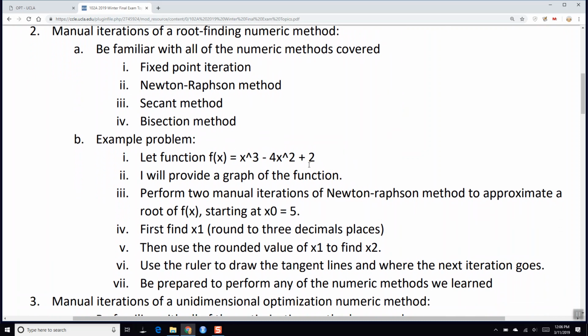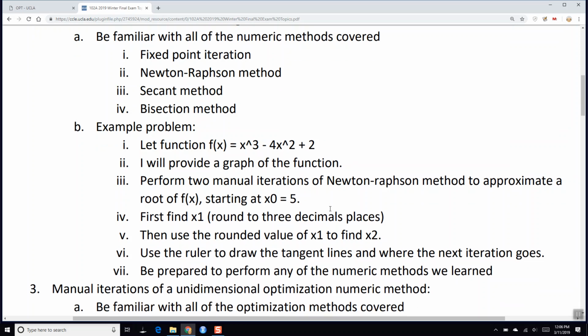I actually didn't even bother graphing this, but this will have a root, and so I'll provide some kind of function. I'll provide a graph of the function, and I'm going to say find a root of this function. If it's something like Newton-Raphson, I'll give you a starting point. If it's secant method, I'll give you 2 starting points accordingly, right?